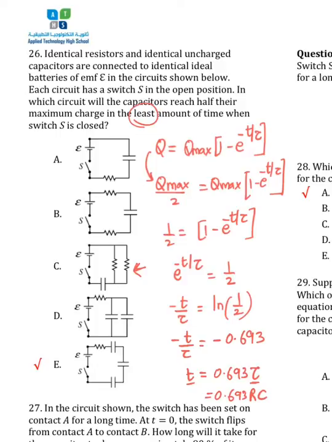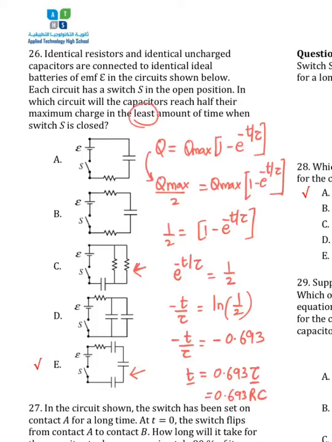This one is going to have 3 capacitors, and 3 capacitors means its capacitance is going to be quite less, because in series the formula is in the reciprocal form.